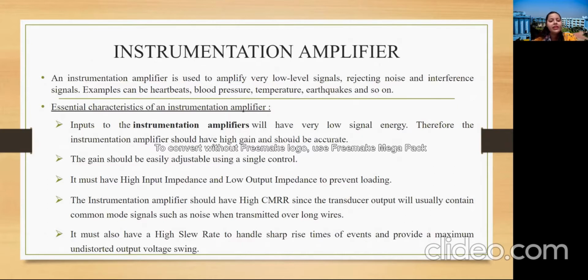It must also have a high slew rate to handle sharp rise times of events and provide a maximum undistorted output voltage swing. So these are the essential characteristics of an instrumentation amplifier.